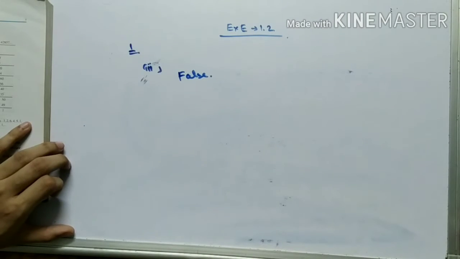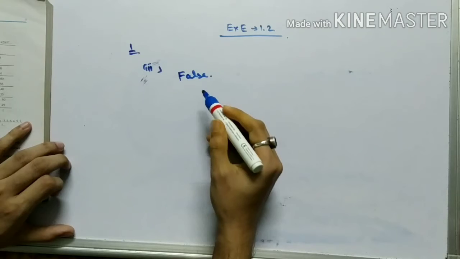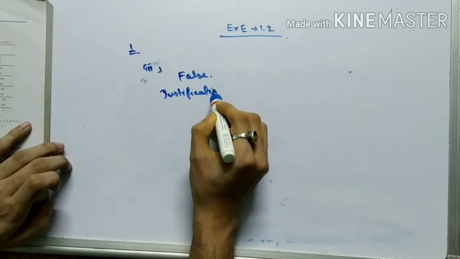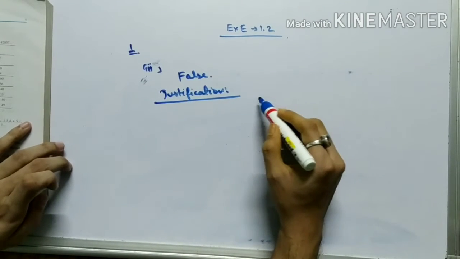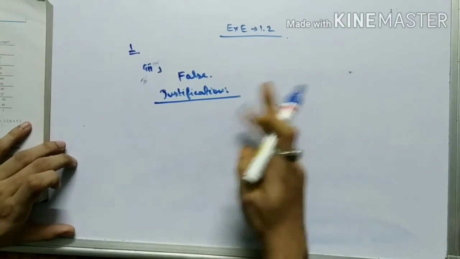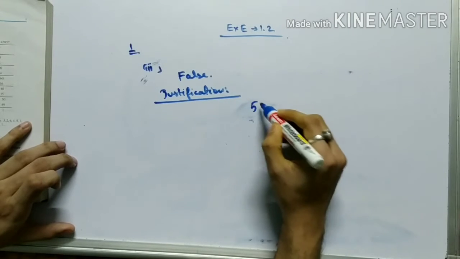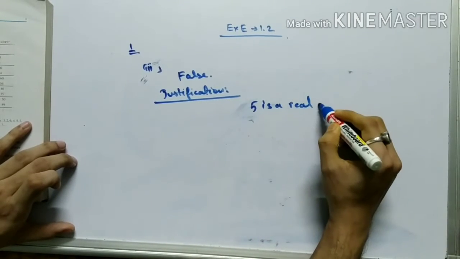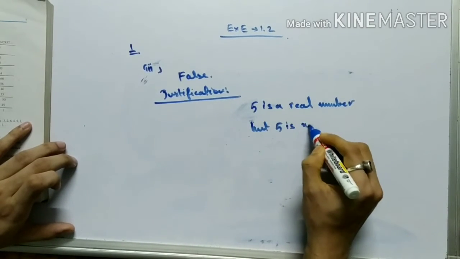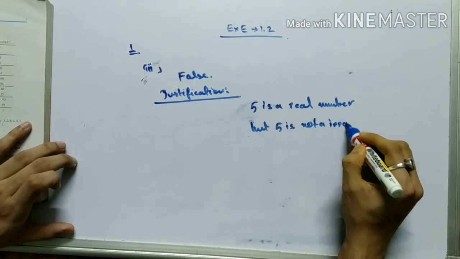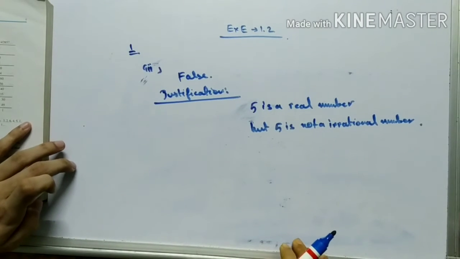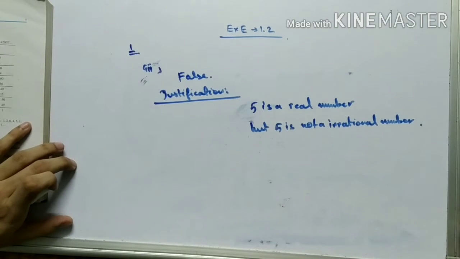Justification you can give here: 5 is a real number, but 5 is not an irrational number. So therefore every real number is an irrational number, this will be false.